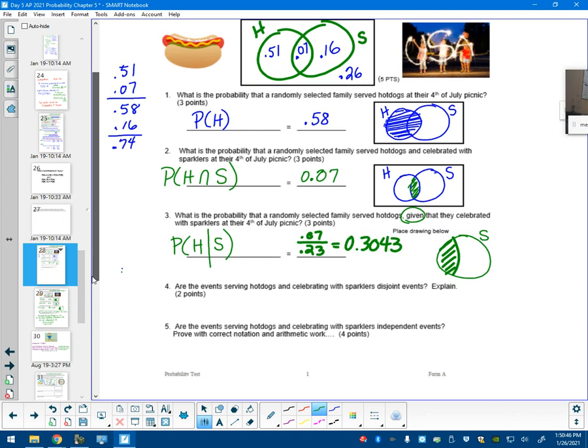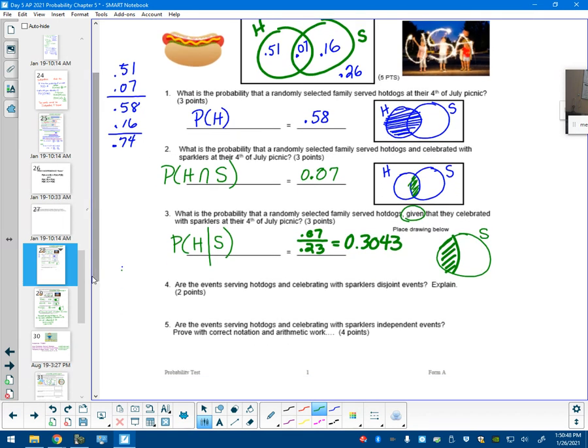Now to the question that Marcus was thinking about earlier. Are the events disjoint? Note to self, most events are not disjoint and most events are not independent. But every once in a while you do run into them. So let's see. What is the probability of hot dog and sparklers? 0.07.